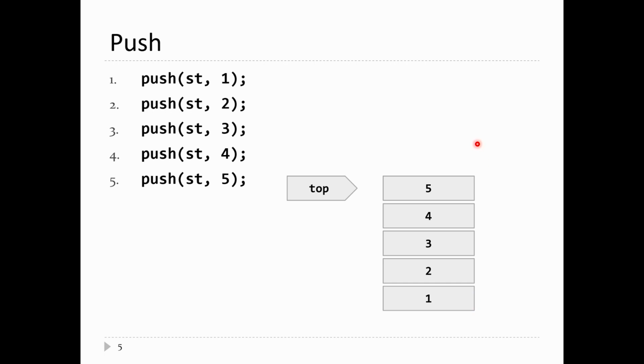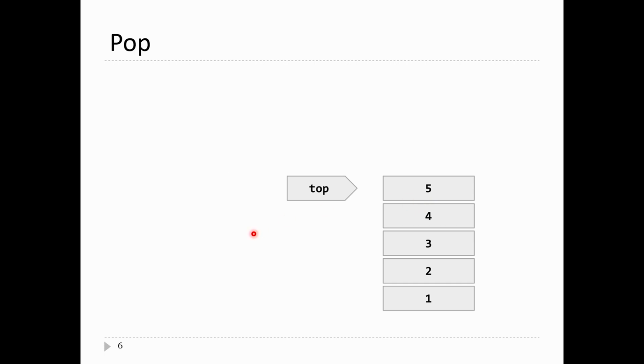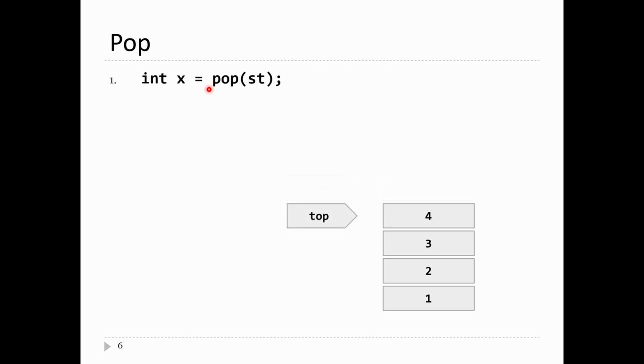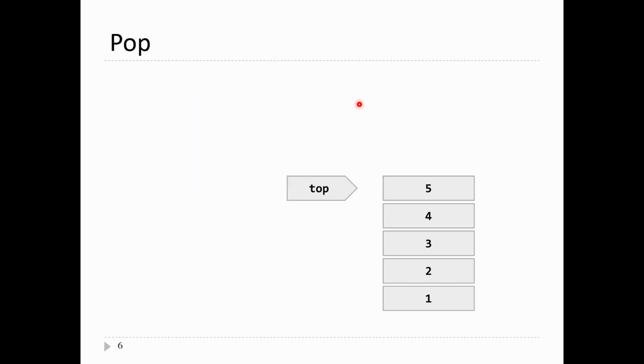Now, if you look at the stack, you can see that the elements in the stack are in the order where you put them on the stack, but they're in the reverse order. So if you start taking them out, the last element that you put in is the first one that comes out. So when you start to pop elements from the stack, if I pop that stack, x becomes the value 5.